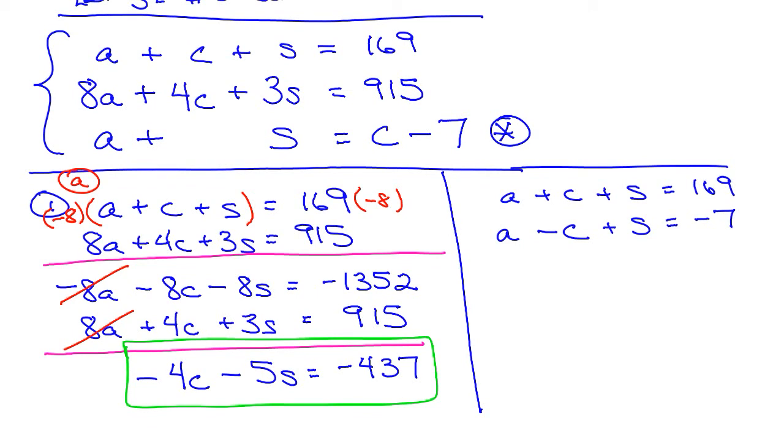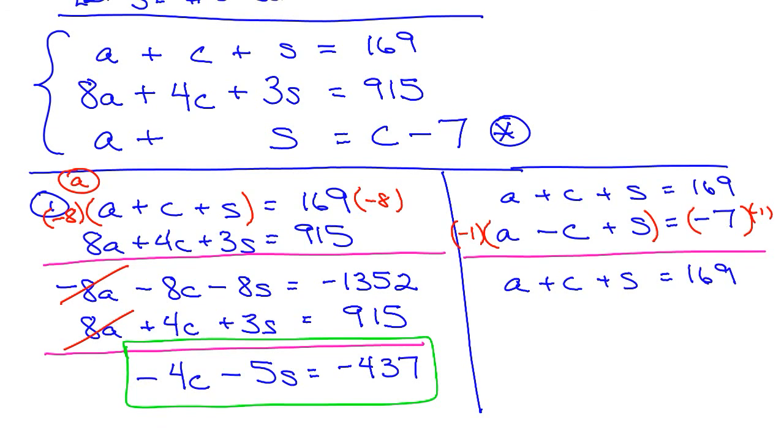To eliminate the A, I'm going to multiply the bottom equation by -1. This gives me A plus C plus S equals 169. And the bottom equation is now negative A plus C minus S is equal to positive 7.